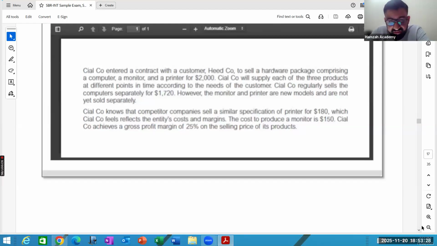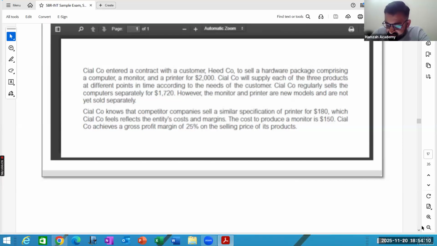So this is exhibit number 1. C company entered into a contract with the customer H company to sell a hardware package comprising a computer, a monitor, and a printer for $2,000. C company will supply each of the 3 products at a different point in time according to the need of the customer.